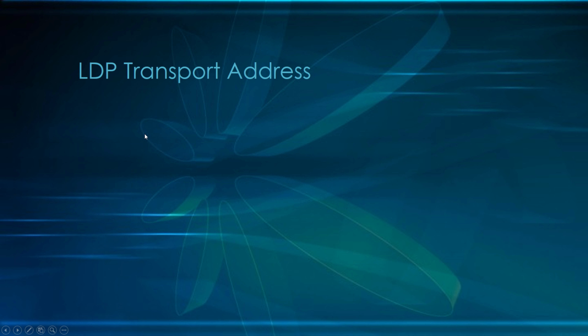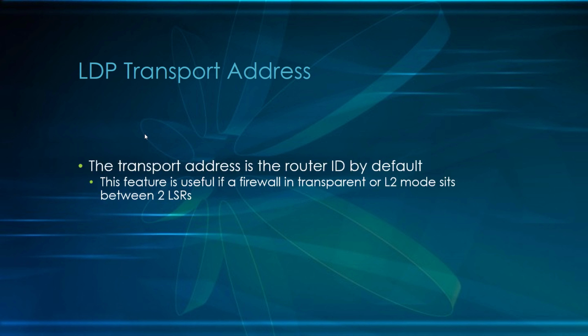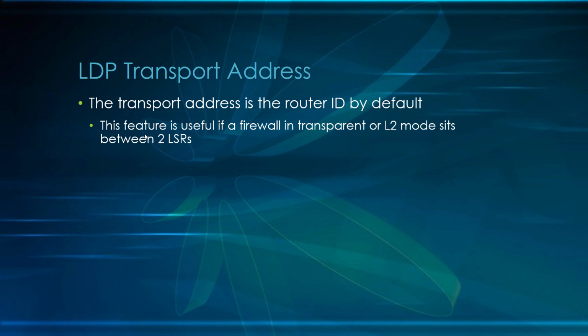The LDP transport address is the router ID by default. So this feature is useful if a firewall in transparent or layer 2 mode sits between two label switch routers, because the LSRs are not going to have visibility to the remote LSR loopbacks for the router IDs.